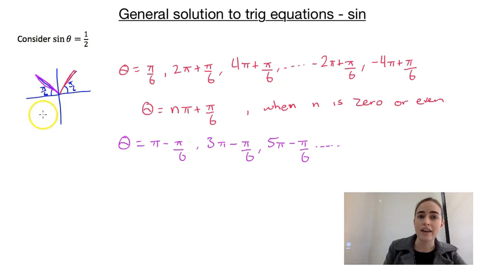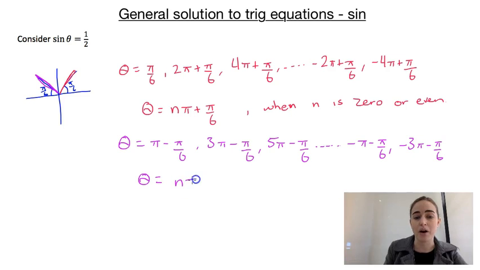Now if we went in a clockwise direction for our negative numbers, we'd have minus pi minus pi on 6, then minus 3 pi minus pi on 6. If we generalize this one, we end up with n pi minus pi on 6, and this is when n is odd.